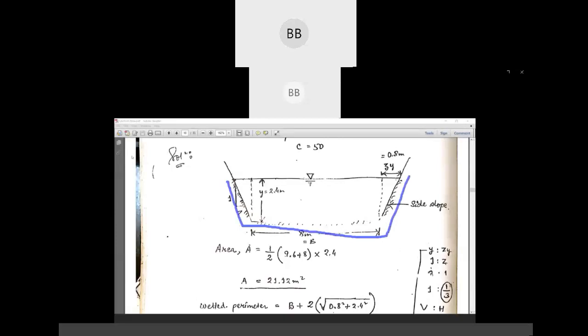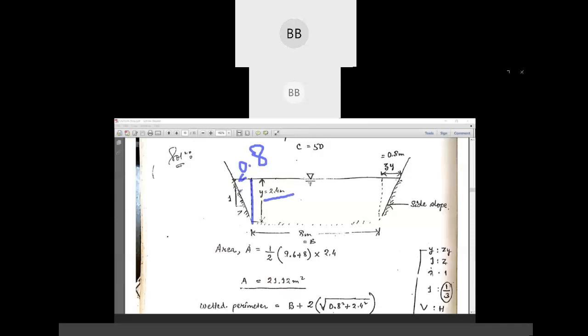So bottom width is known, but this side is not known to us. This side we know is equal to 0.8, we have calculated. This we know, 2.4 meter.